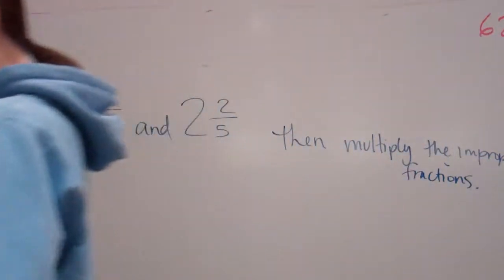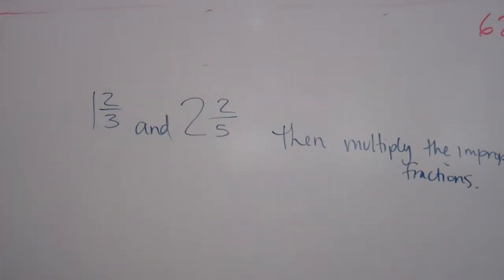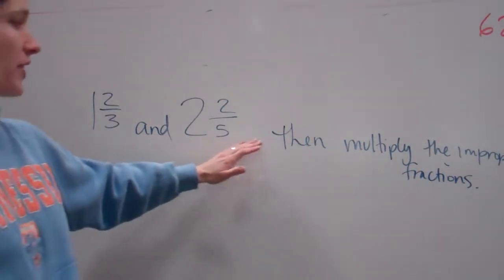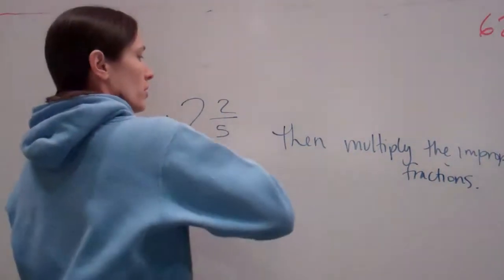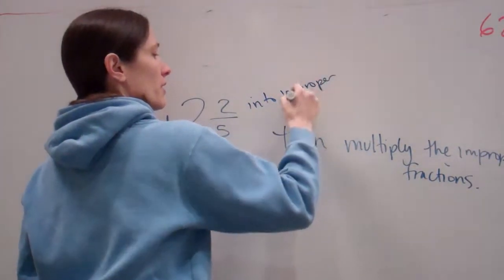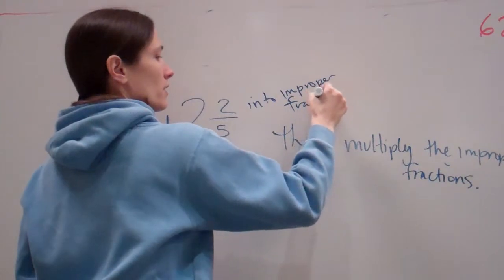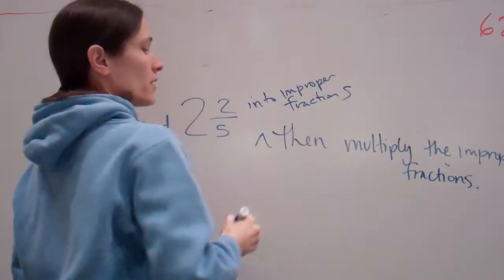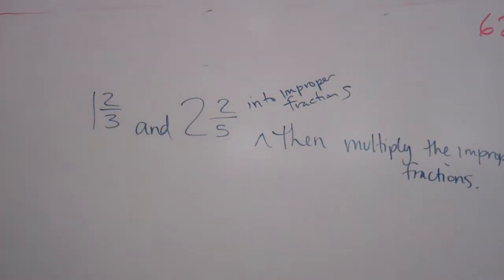Okay, that's what it's telling me to do. Then multiply the improper fractions and tell me what you would get. So let's do this one first.